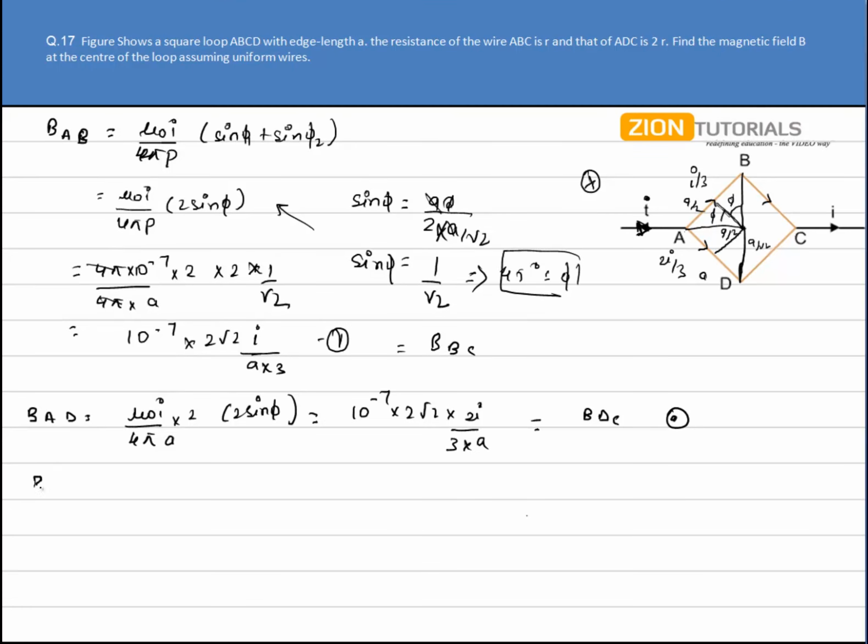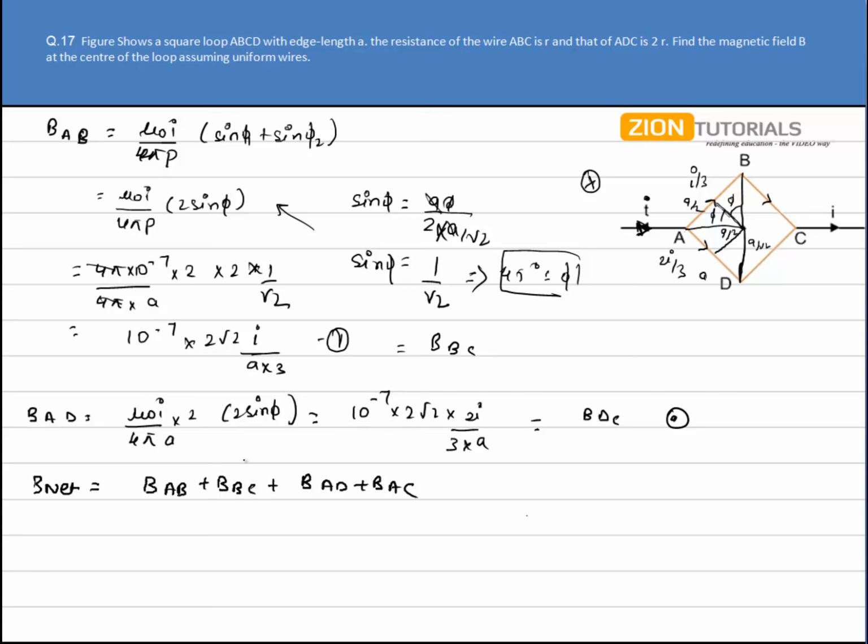So B net at the center will be the magnetic field due to AB plus BC plus AD plus DC. Let us suppose the magnetic field inside the plane is negative and outside the plane is positive.